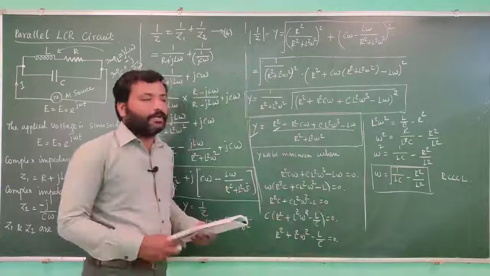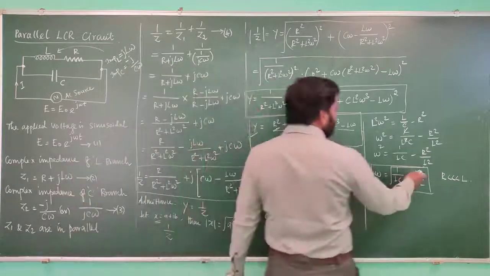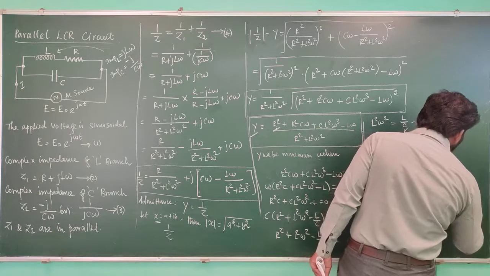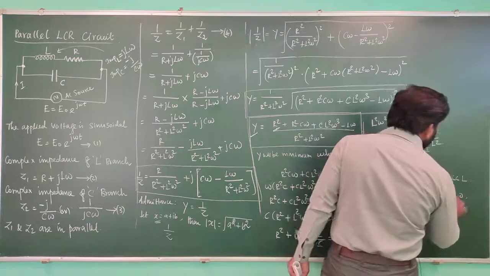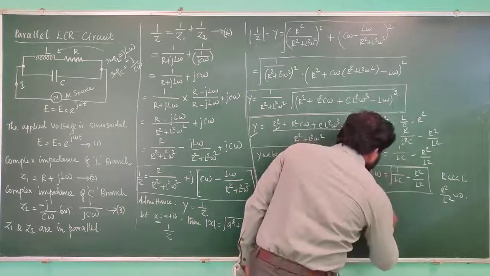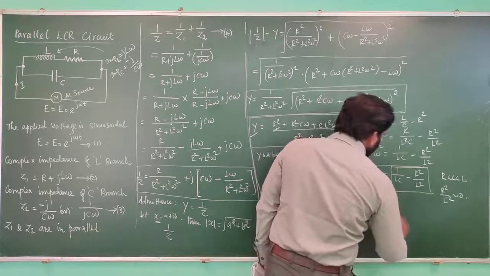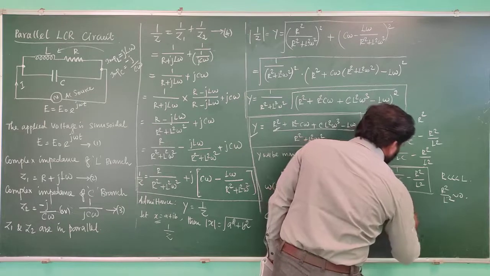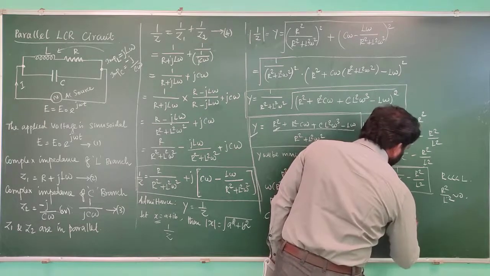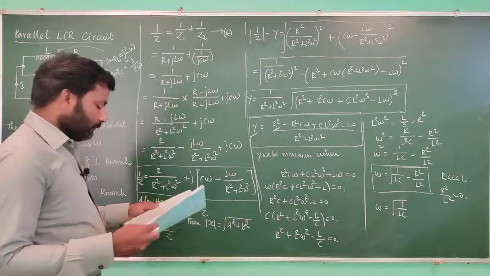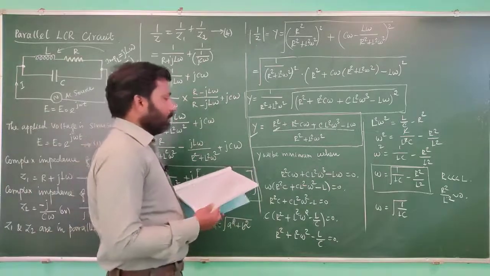In that case, r square by l square is almost 0, so omega becomes the square root of 1 by lc.